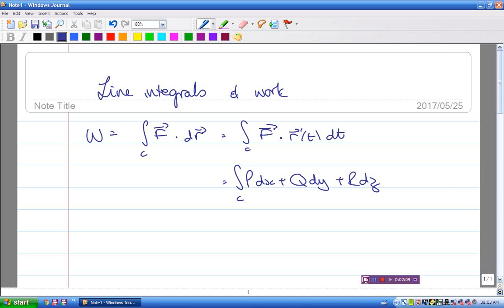So it's your basic work formula of a force times a distance. But because the force is a function of position along the path, we have to do that chop it up into little bits thing and add them all up, and then that inevitably becomes a line integral.